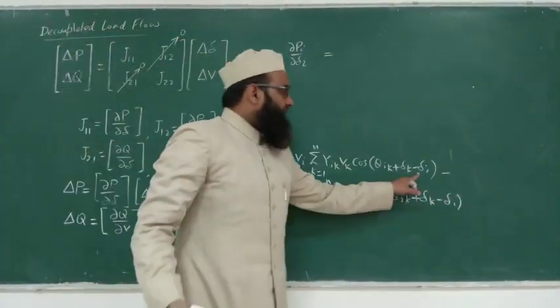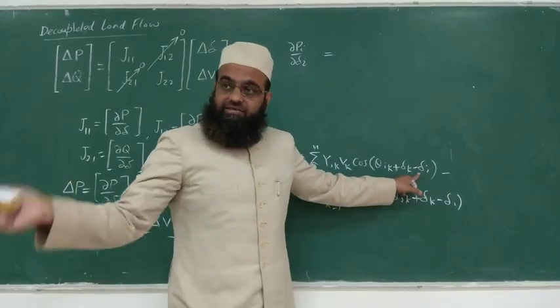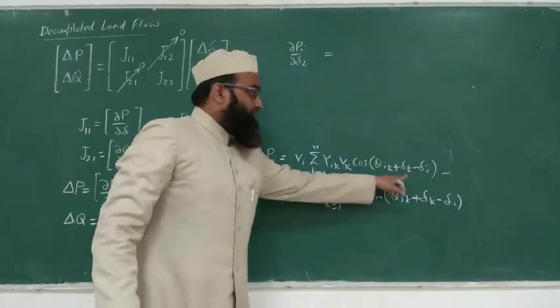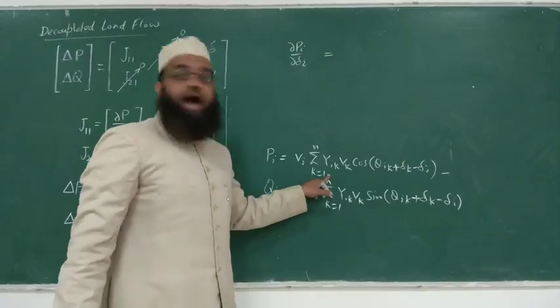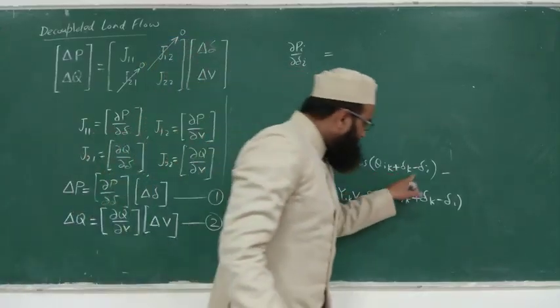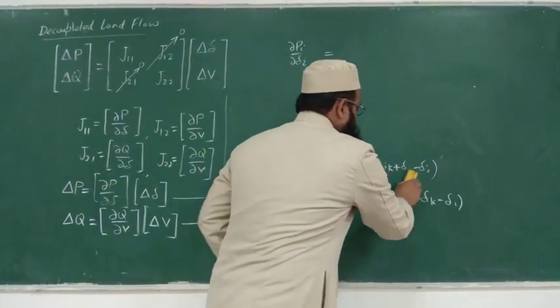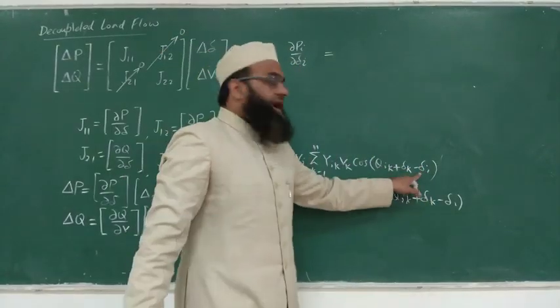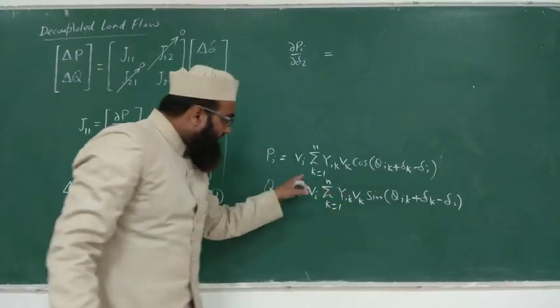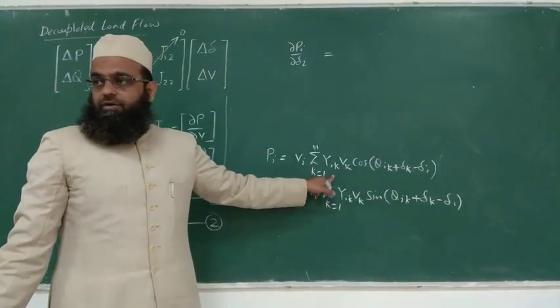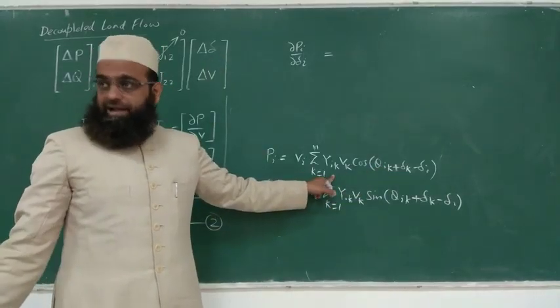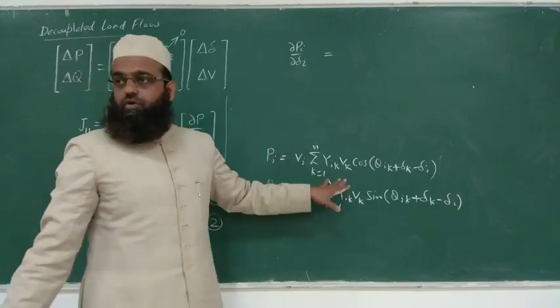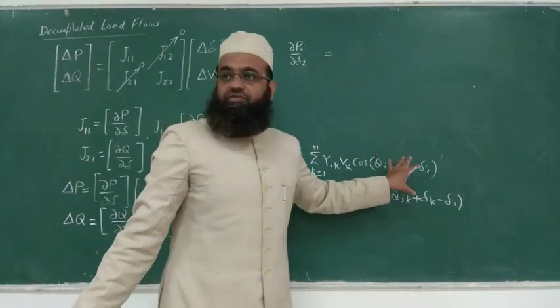So we will have δ_i in all terms except the ith term, when k is equal to i. So the ith term will be independent of δ_i, that will be 0, first derivative will be 0. Other terms will be non-zero.